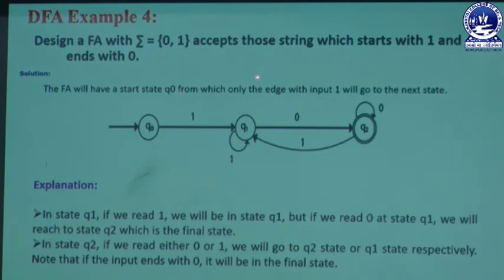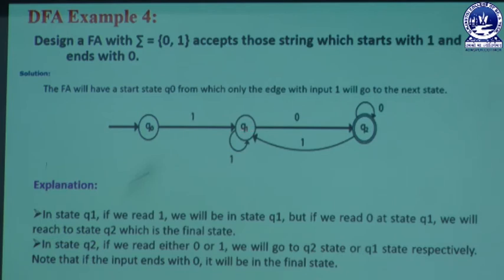So the finite automata will have a start state, Q0, from which only the edge with input 1 will go to the next state. That means when Q0 accepts a parameter, either 0 or 1, we create a new state according to that parameter. Here Q0 accepts the parameter 1, then it creates a state known as Q1.